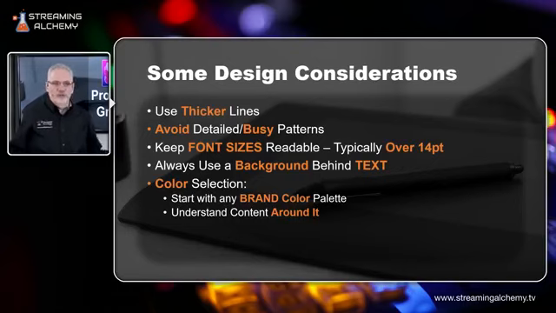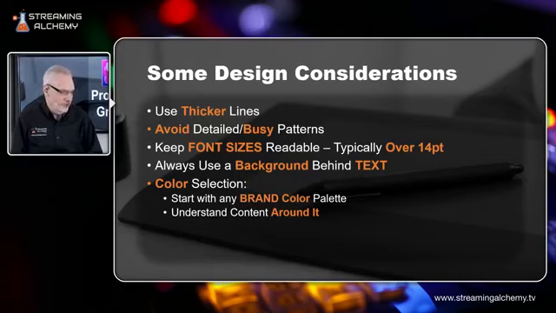And sort of going with this is color selection. For most people, if you're going to be doing graphics, you will start with somebody's brand, whether it's your own or somebody you're doing work for, and that will typically have some general color palette that you need to work with. But you also need to understand all the content that's going around this.